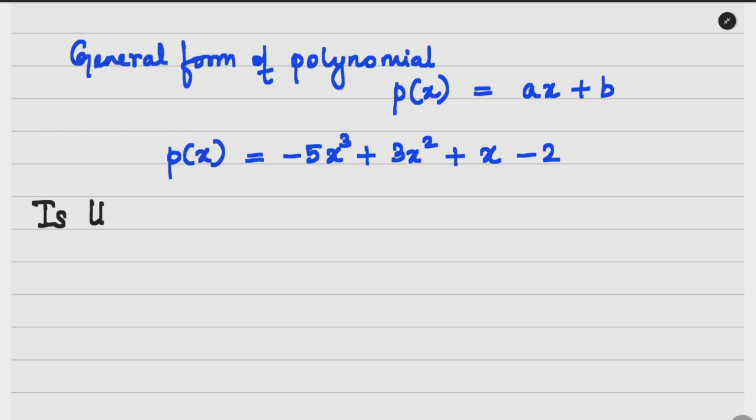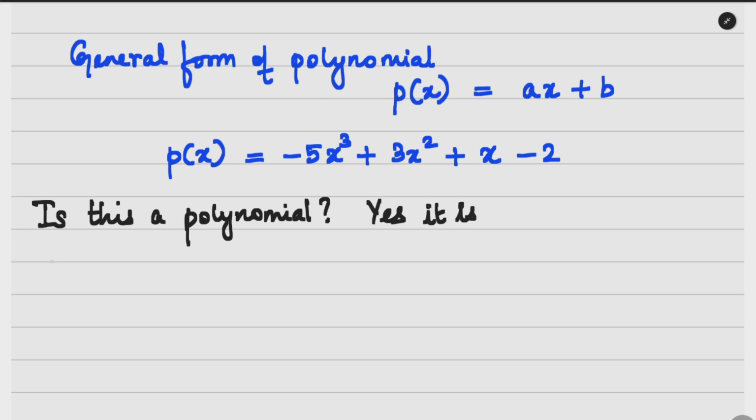If you see the powers of all the variables, all of these are whole numbers, right? X to the power 3. 3 is a whole number. 2 is a whole number. 1. So yes, it is a polynomial. Is this a polynomial? Yes, it is.